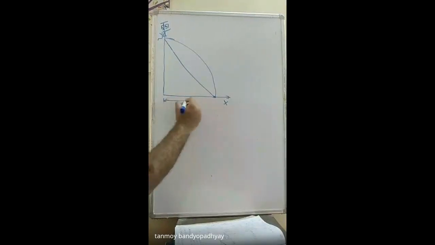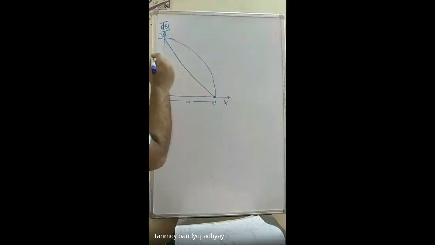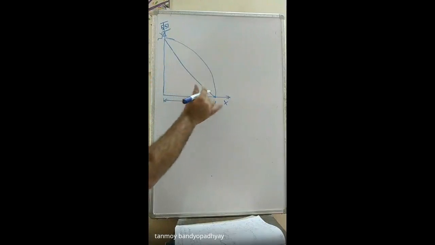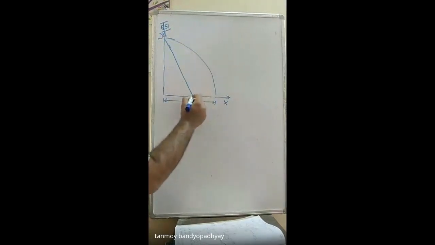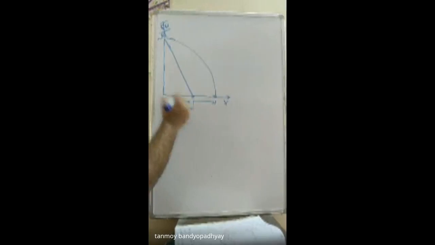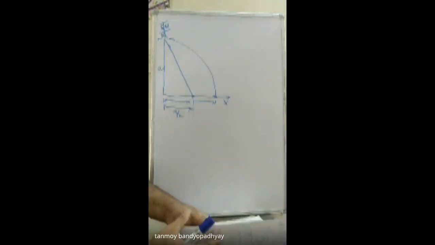So this one is A. This one is A by 2 and this one is A. So now we need to calculate the centroid of this composite figure. So it's rather easier, still I am doing it so that you can understand what is the difference between the two.